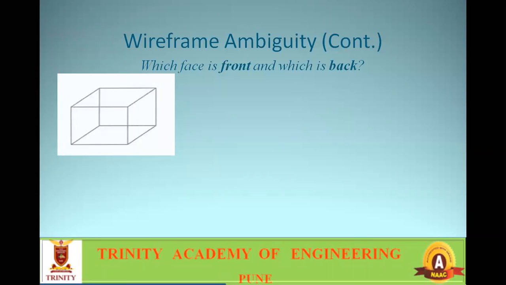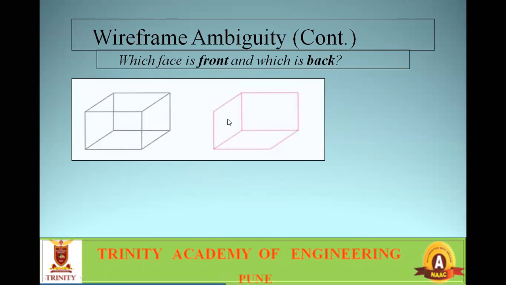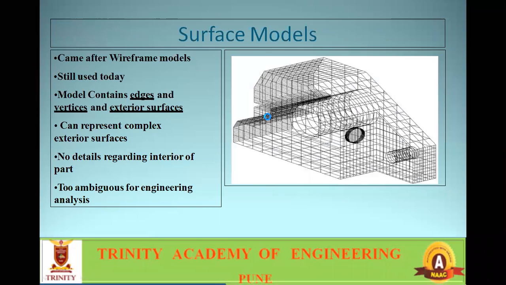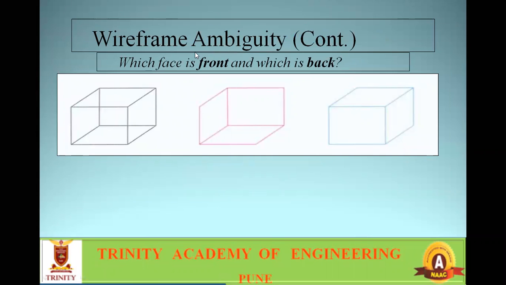Wireframe ambiguity: which face is front and which face is back? See, if we are looking at this, then you may say that, so there is another figure, the model's front face is this one way.